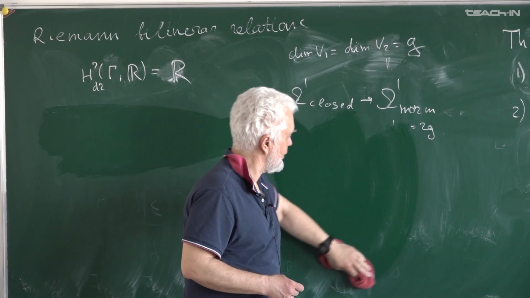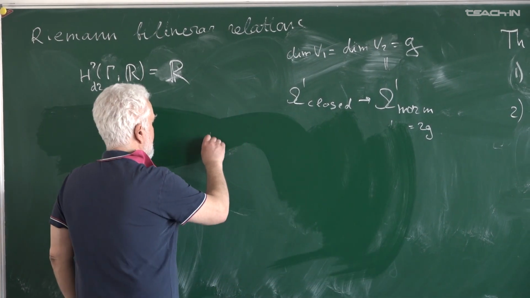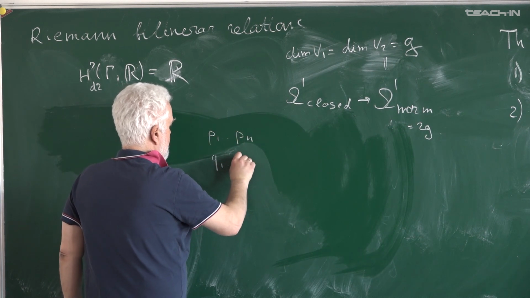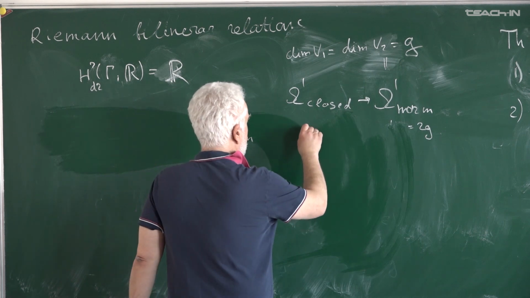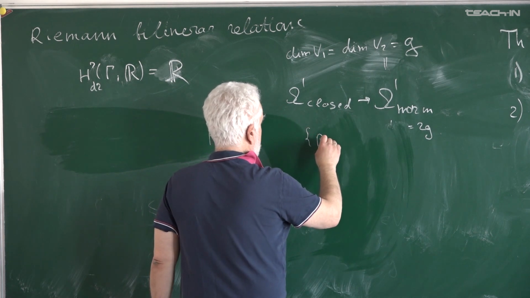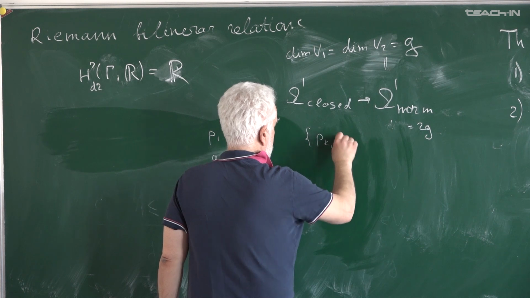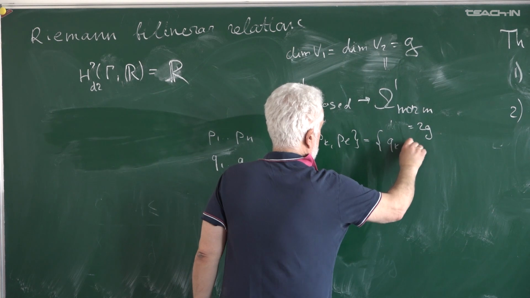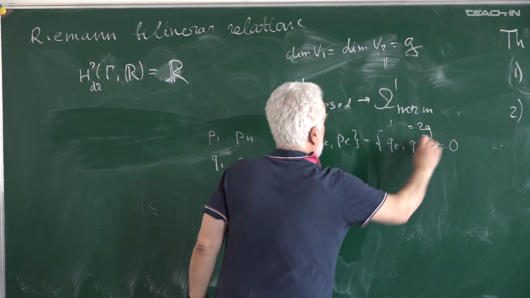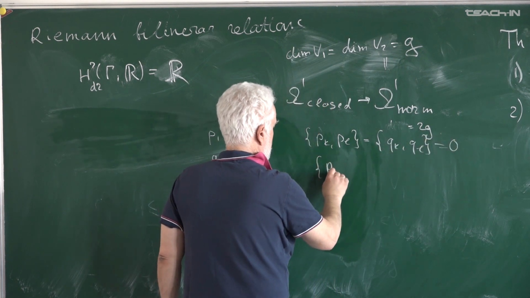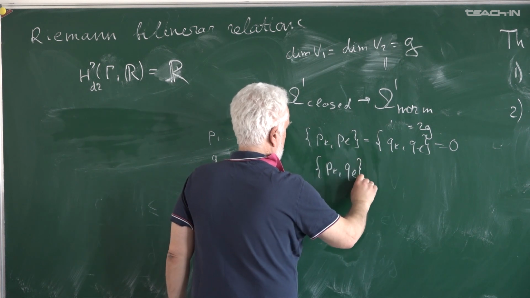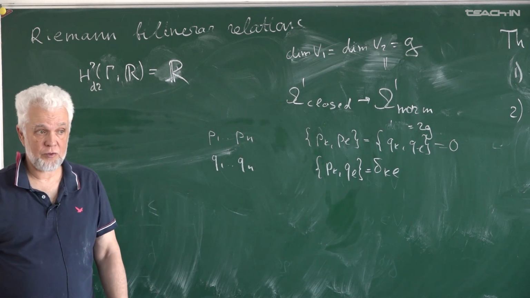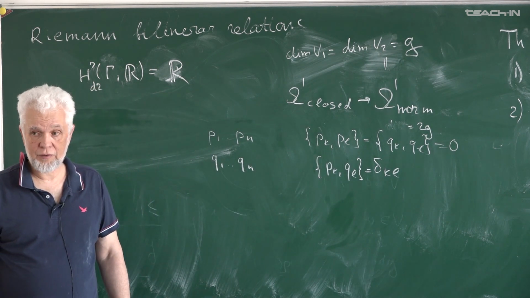Okay, let's consider an example. Assume you have a typical space with coordinates P1, ..., Pn, Q1, ..., Qn. Remember the standard Poisson structure. You recognize the standard Poisson structure.